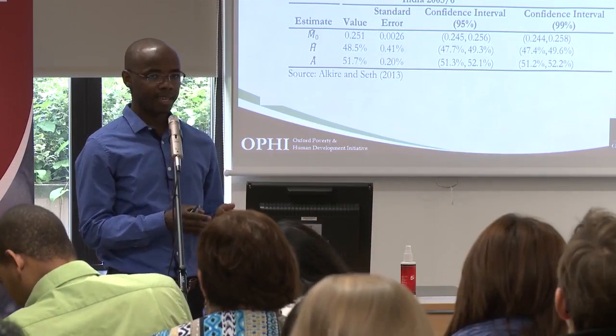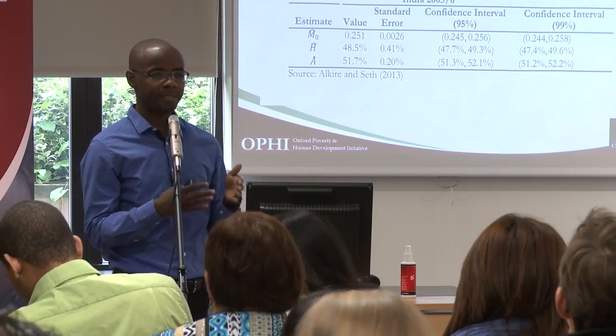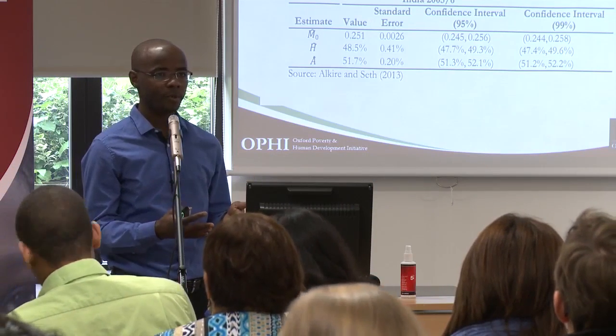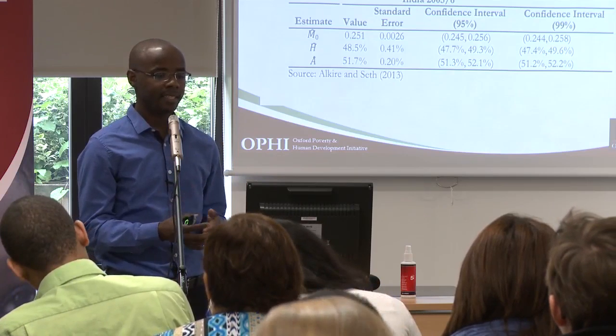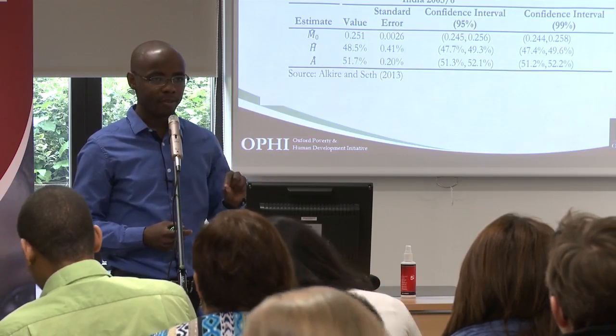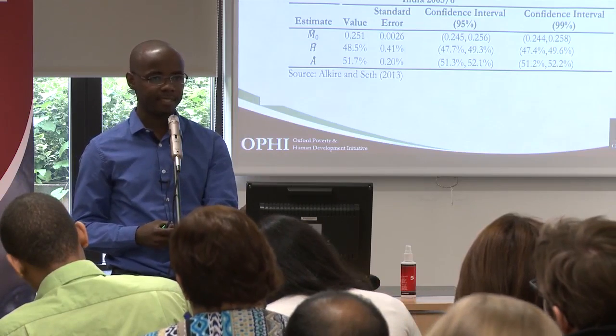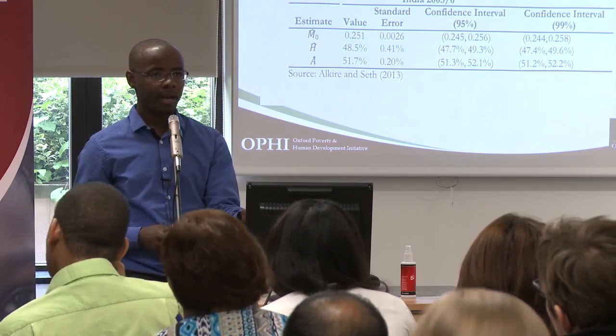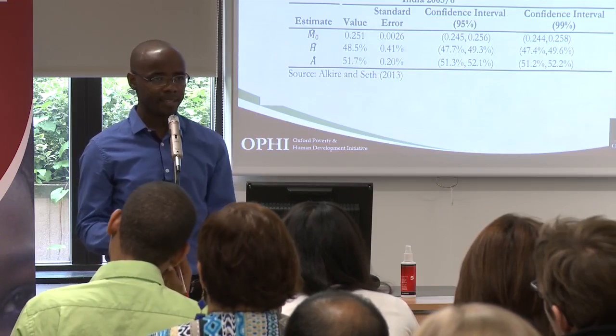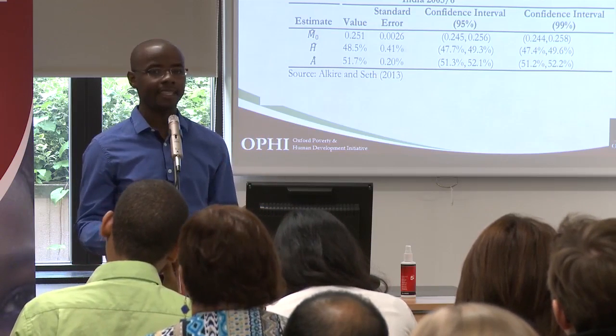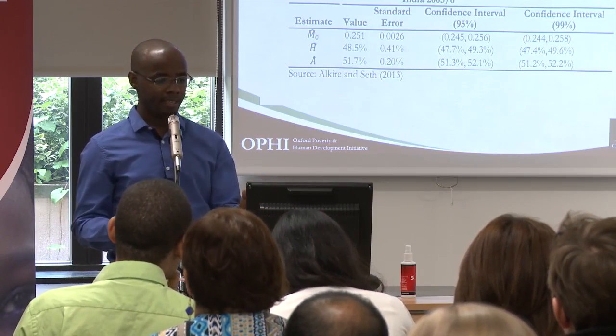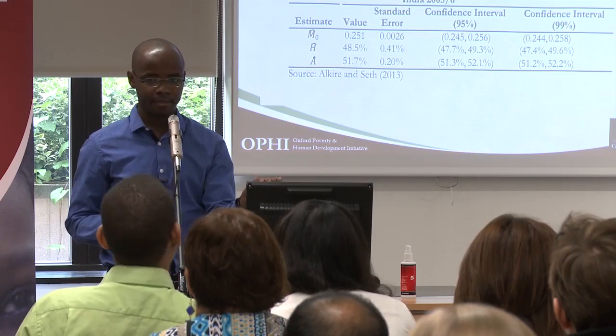So this means that with 95% confidence, you cannot reject that the actual value is inside this interval. And with 99%, you can reject that the actual value is outside this interval.